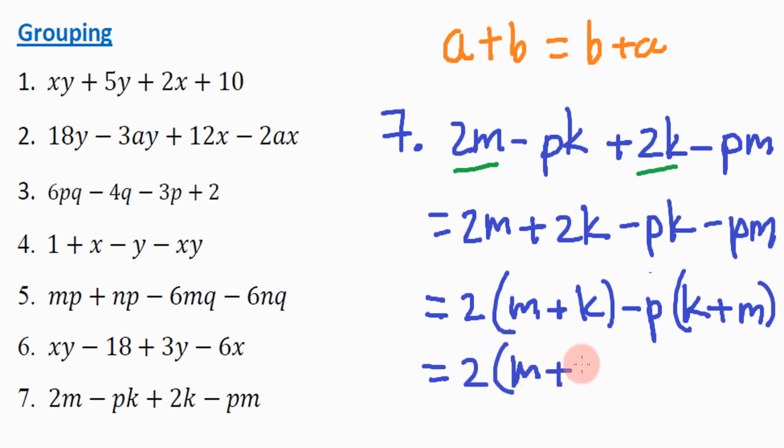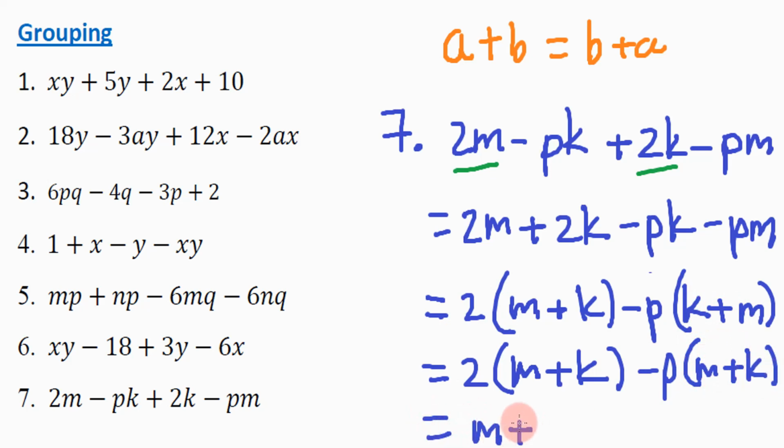So I'm going to switch around the terms in this set of brackets and write it as m plus k. And now we can take out m plus k as a common factor. So when we take out m plus k from the first term here, we're left with 2. And from here, we're left with p.